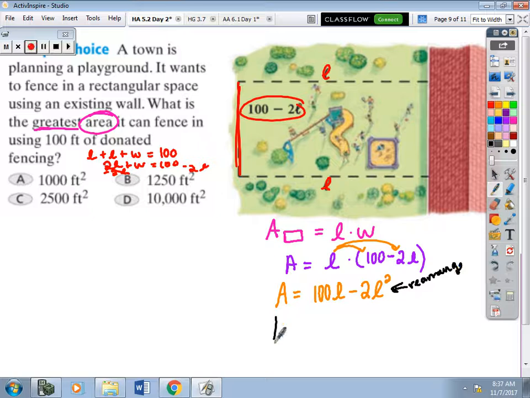So I'm going to rearrange this to make it negative 2L squared plus 100L, technically plus 0. So this would be my A value, this would be my B value, my C value would be 0. So again, I'm asked to find the greatest, and if you think about this as a shape, we want to find the greatest, we're just finding the vertex.